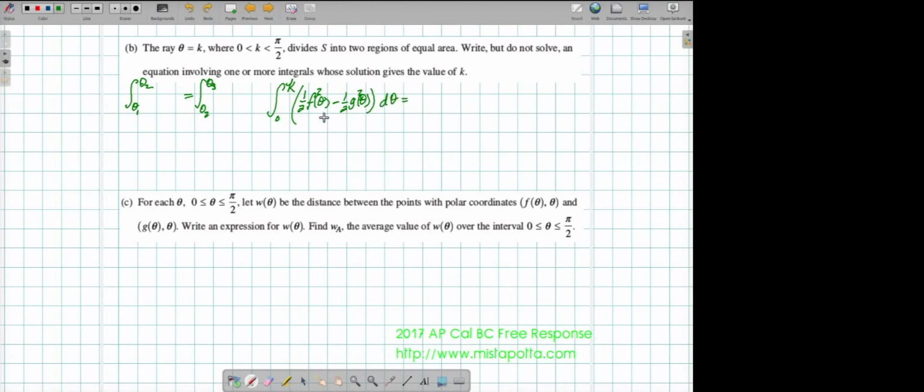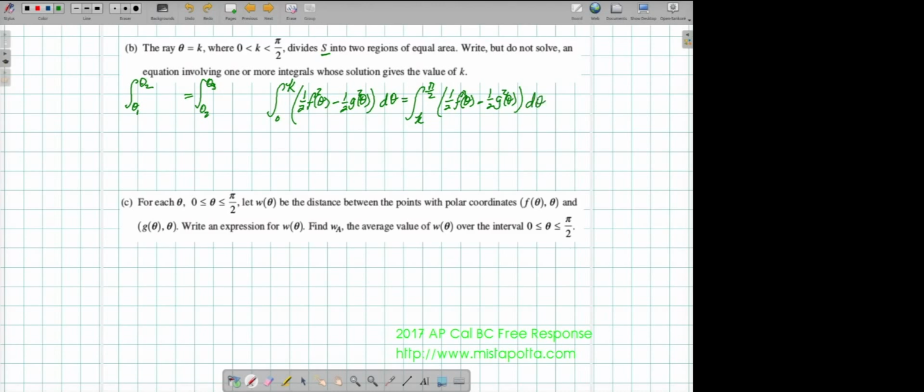That's going to be the area for the first one, because remember they told us S is the area between f of theta and g of theta. And to be honest, the order doesn't matter here as long as I stay consistent. So the integral from k to pi over 2 of 1/2 f squared theta minus 1/2 g squared theta.